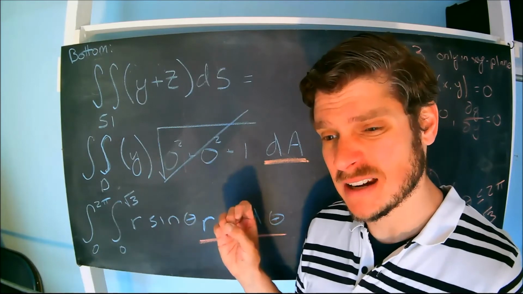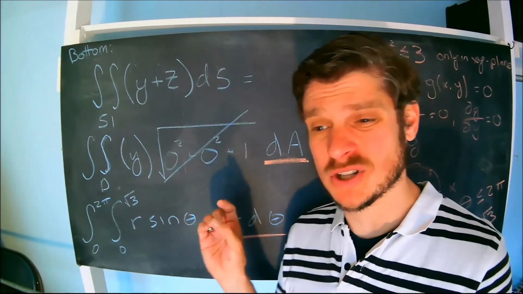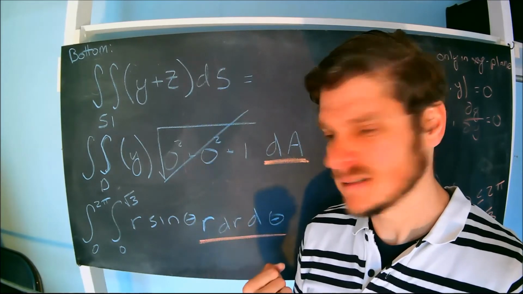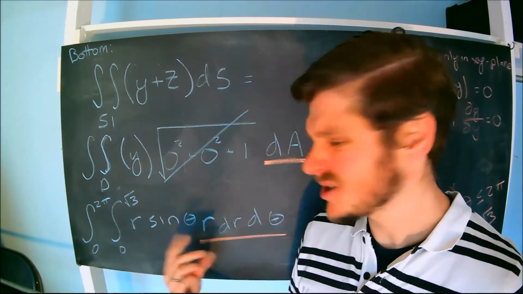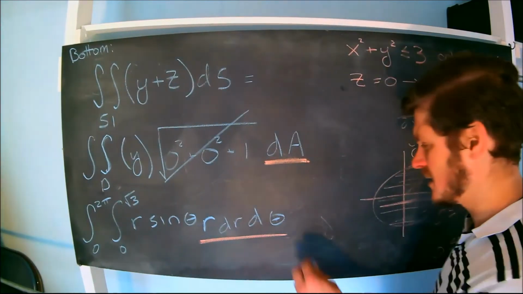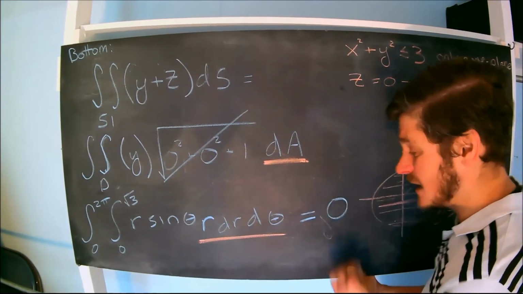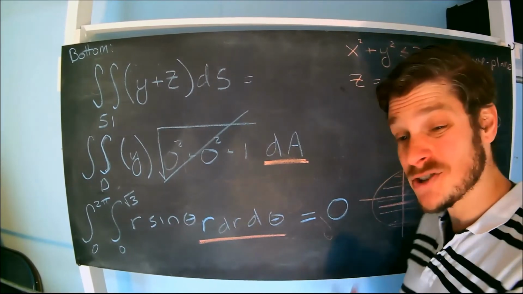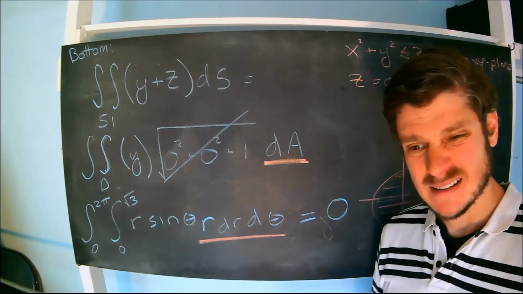But if I evaluate it at 0, I'm also going to get negative 1, so it'll be negative 1 minus negative 1, which is 0. But I'm then multiplying it with whatever I got with r, so it's going to be 0. Wait, this entire thing, and again, if you don't understand what I'm saying, go through and actually do the integration yourself. My answer is going to be 0.